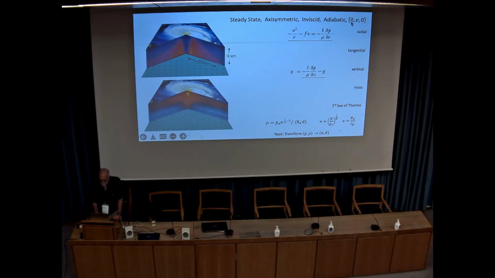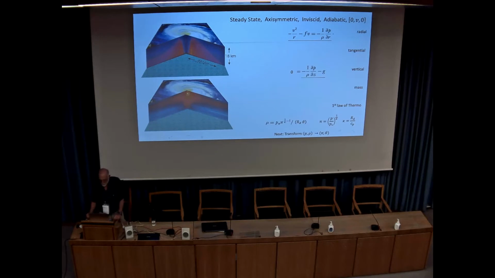So you're imagining then a flow where the flow is just swirling round and round, so it only has a V component, and U and W are 0.